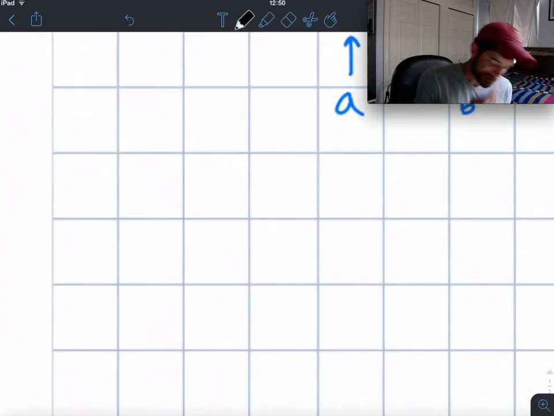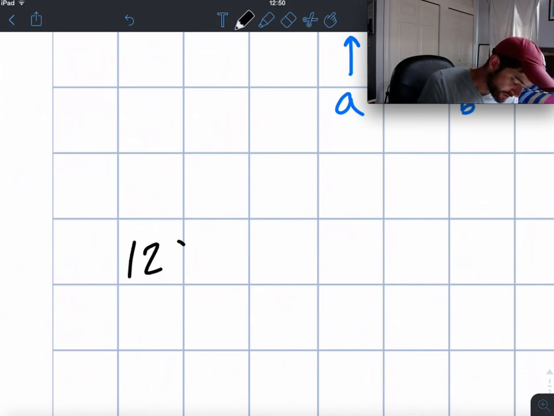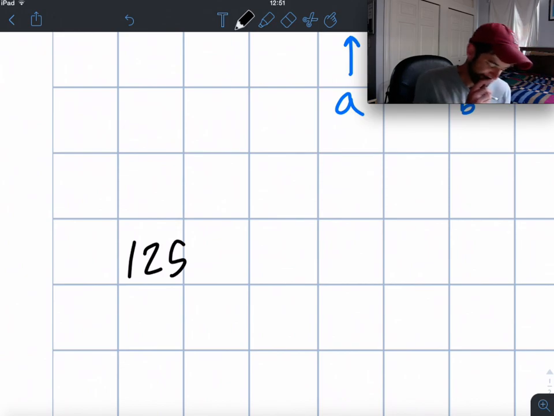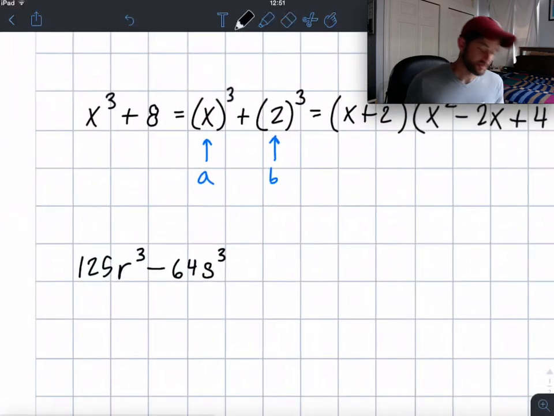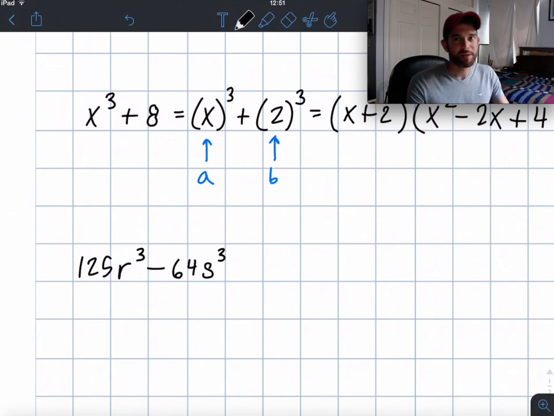Let's look at one that's a little bit trickier. 125r cubed, getting away from x and y for the moment, minus 64s cubed. So this is a difference, and this is where writing it in terms of a and b is very important.